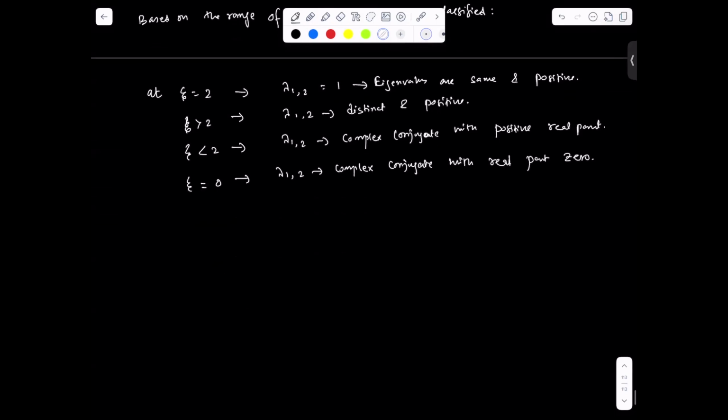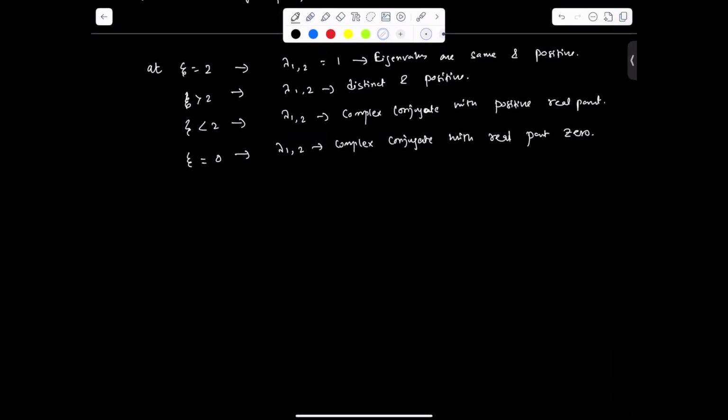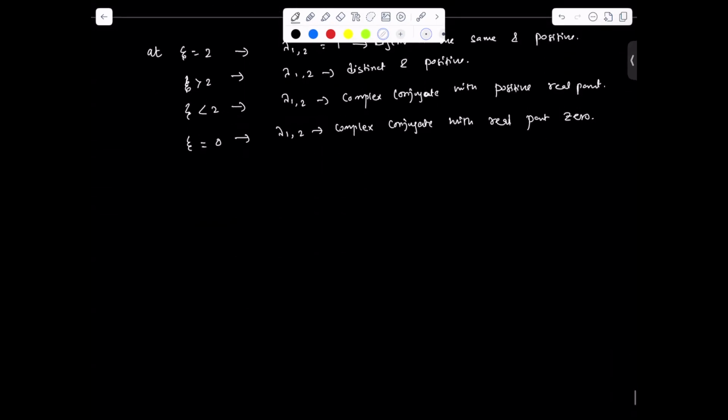Now, if you come up with a different scenario, so here let's assume we have different trajectories for this zeta value, which varies from, for example, minus infinity to plus infinity.